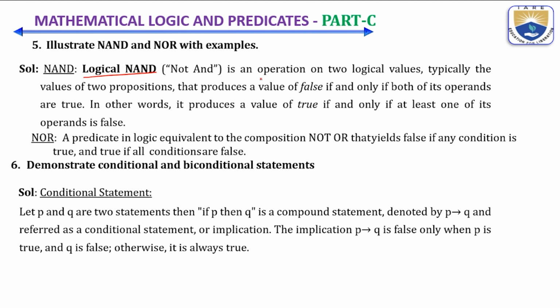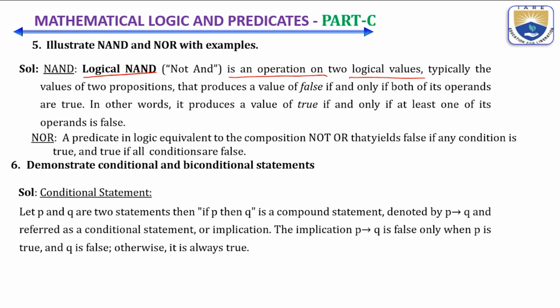NAND is an operation on two logical values, typically the values of two propositions, that produces a value of true if and only if both of its operands are true.